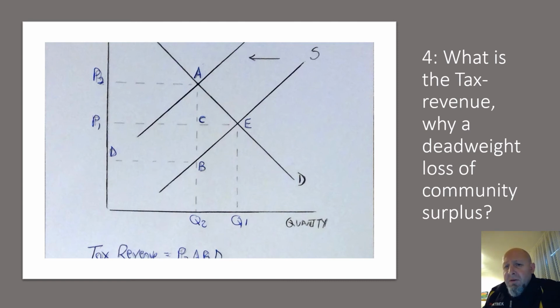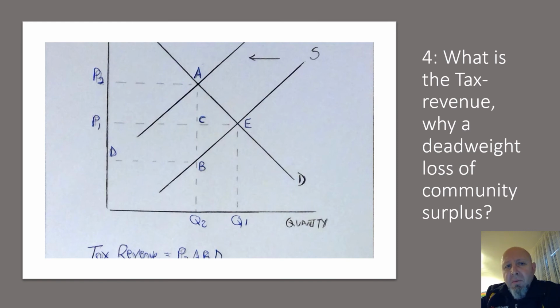Actually, producer revenue is reduced by two rectangles, CEQ1Q2 and P1CBD. As in, it has lost the ability to sell quantity 1 and must give over as part of its tax burden P1CBD.